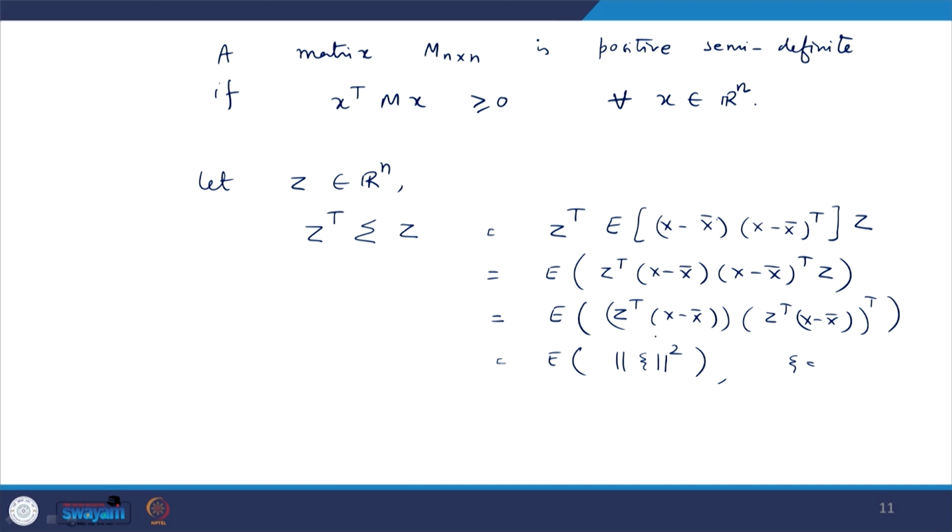This is nothing but z transpose (x minus x bar) squared. Now, we know that if this is positive, then the expectation is also positive. So, this is greater than or equal to 0, because the norm square is always positive, and the expectation of a positive quantity is always greater than or equal to 0. So, we have shown that this is greater than or equal to 0, which means the covariance matrix is always positive semi definite.